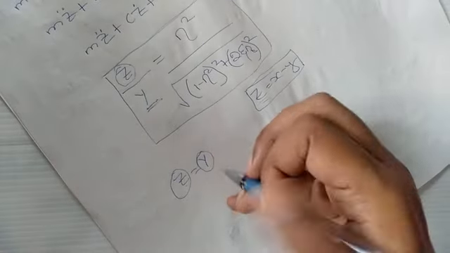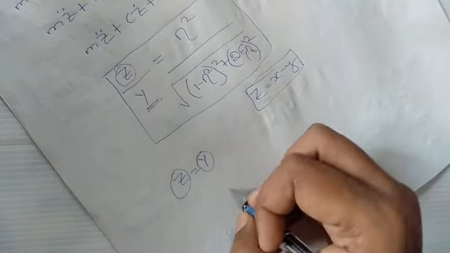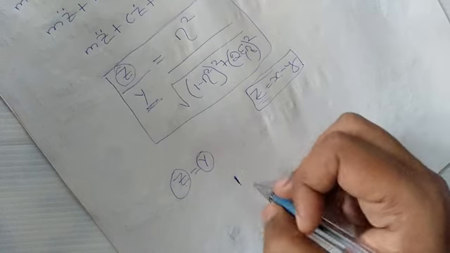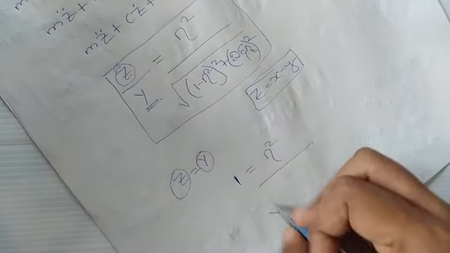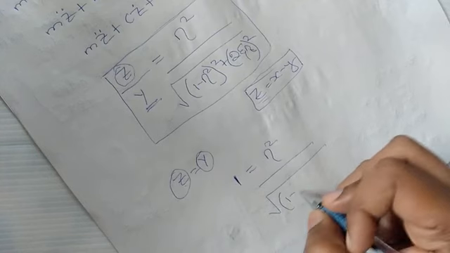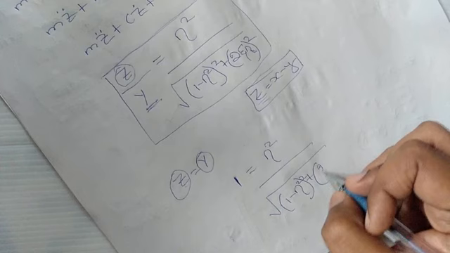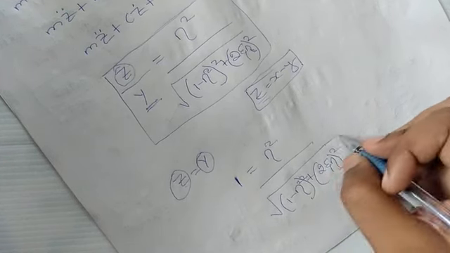Only then you will be able to get the reading. So if z by y should be equal to 1, z is equal to y, so z by y equal to 1 is equal to eta square divided by root of (1 minus eta square) whole square plus (2 zeta eta) whole square.